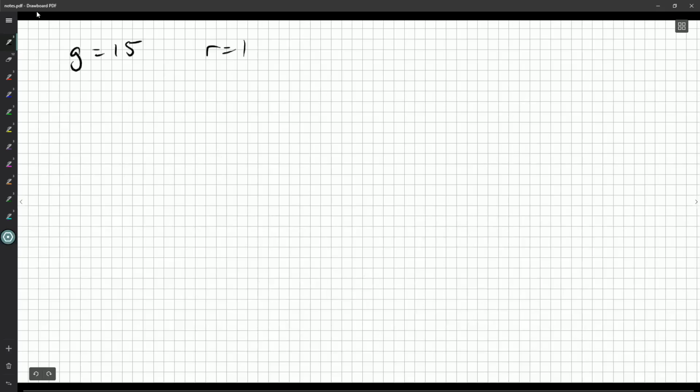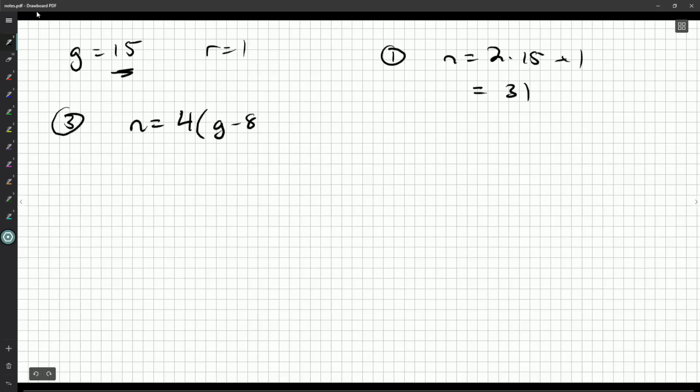But let's say g equals 15 and r equals 1. Let's plug that into equation 1, so n is 2 times 15 plus 1. That's going to be 31. So now if I plug in g is equal to 15 into our third equation, I'll get 4 times g minus 8 plus some remainder s.